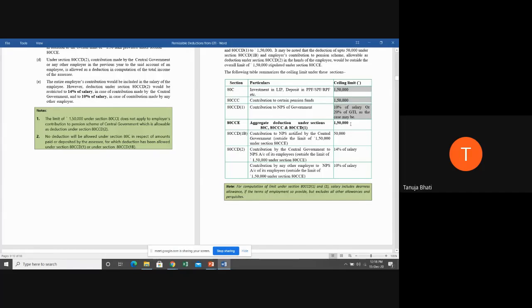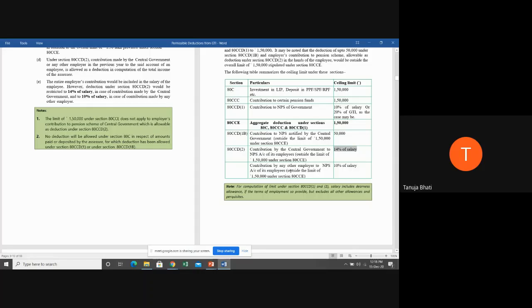But in this 1,50,000, 80CCD(1B) and 80CCD(2) are not covered. So apart from 1,50,000, you can get an additional benefit of 50,000 if you're contributing to the NPS account, and if your employer is contributing, and the employer is the central government, you can get 14% of salary as a deduction.